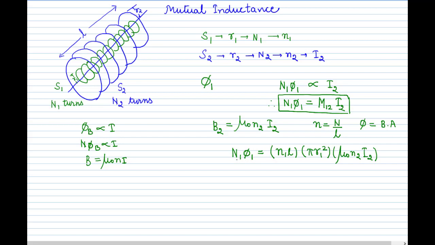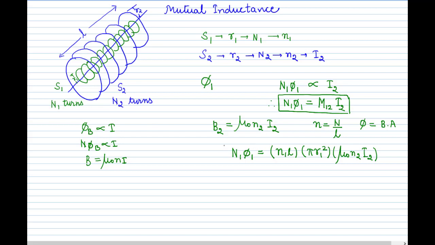Here the total number of turns N1 is replaced with n1 into L, and phi is B into A. We have used mu naught n2 I2 because the magnetic field is in the second coil. And the area of the first coil is pi r1 square, because r1 is the radius.